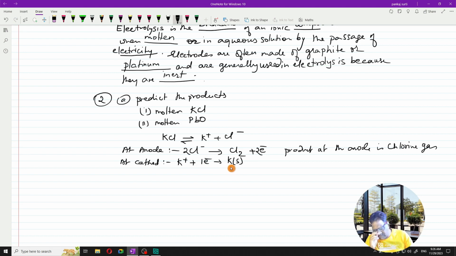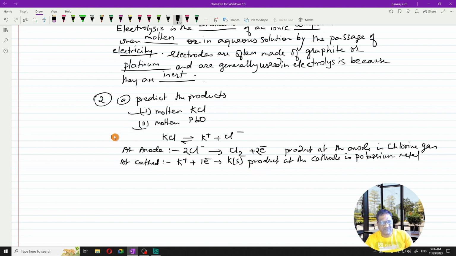Slowly, steadily, this potassium metal will get accumulated on the cathode. So the product at the cathode is potassium metal. That was the answer for KCl.